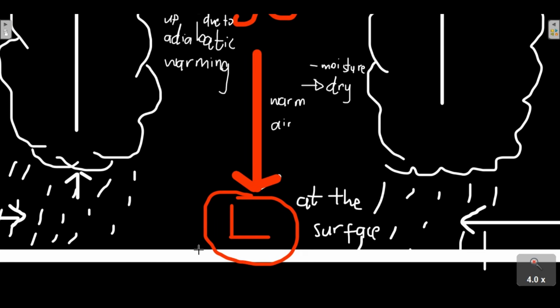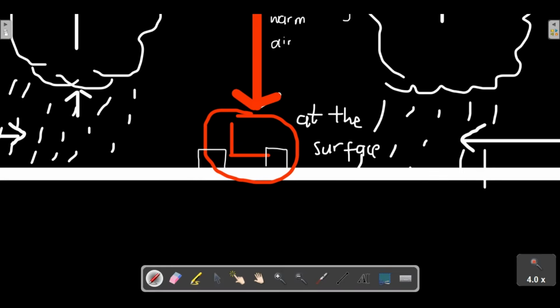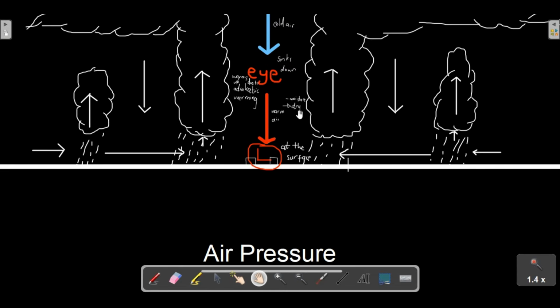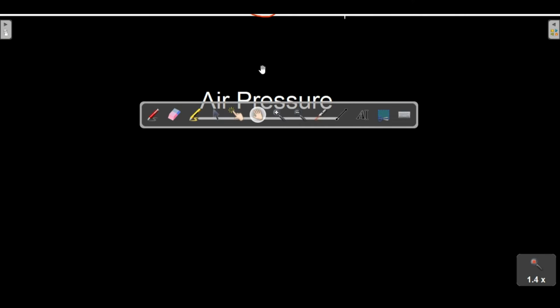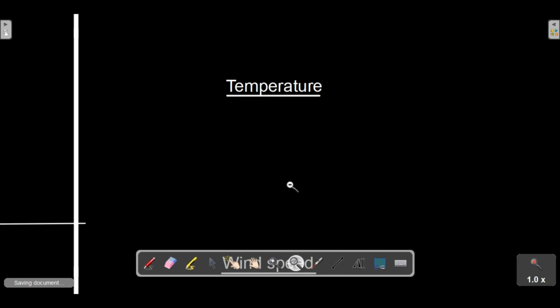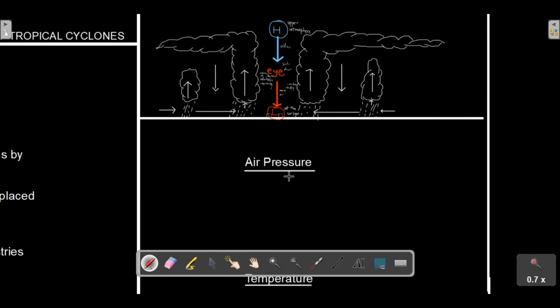And so as residents living on the surface, we experience high temperatures, which means we record high temperatures. The highest temperatures that you're going to record are in the eye. If I were to draw a graph, in the eye I would have the highest temperatures.